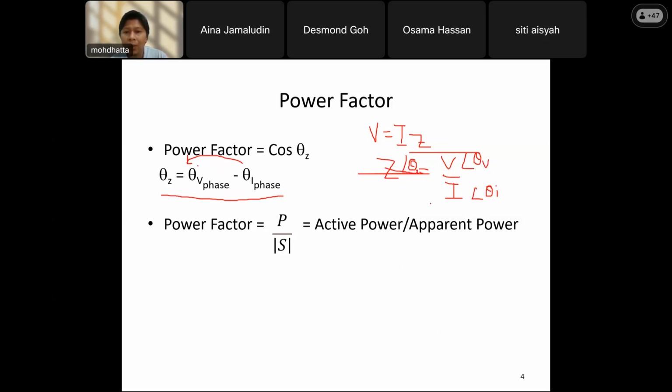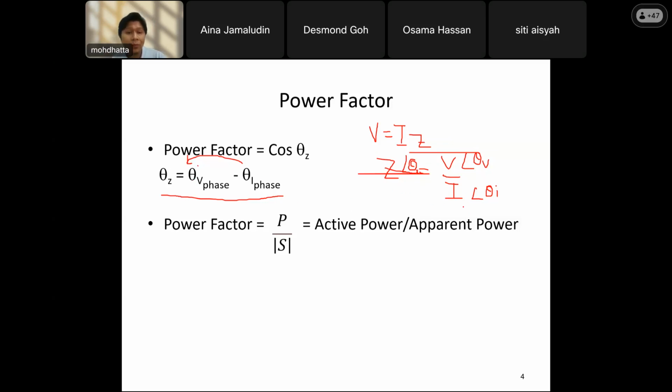So this is why we say that it cannot be theta I minus theta V, because if you do that, you have the opposite, or the negative value, of the theta.